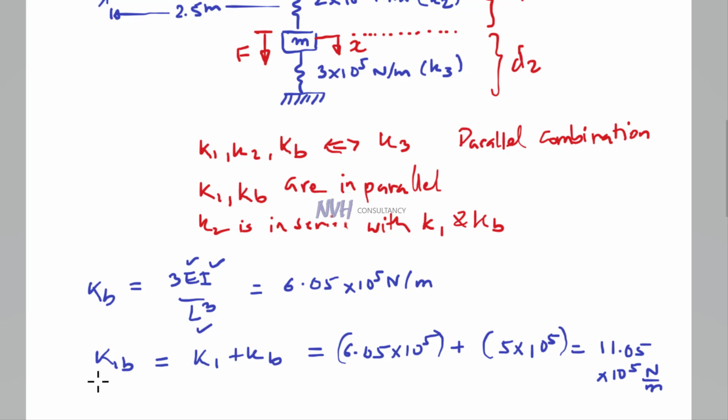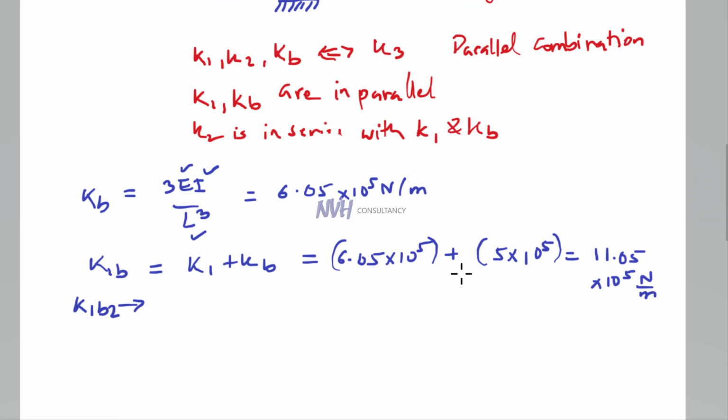Okay, now that's K1B. Now in order to find the equivalent stiffness of K1B and K2, those will be in series. So K1B2 you can find by the reciprocal method.